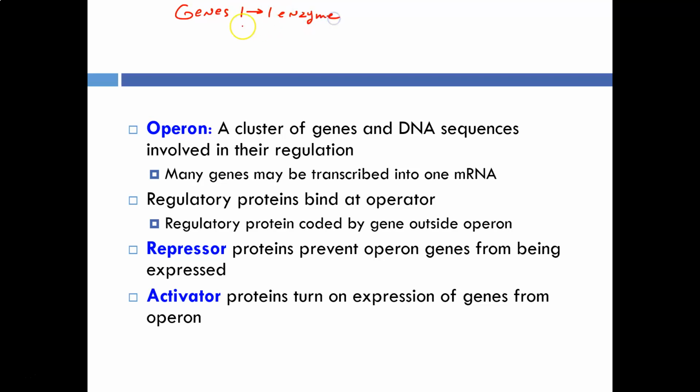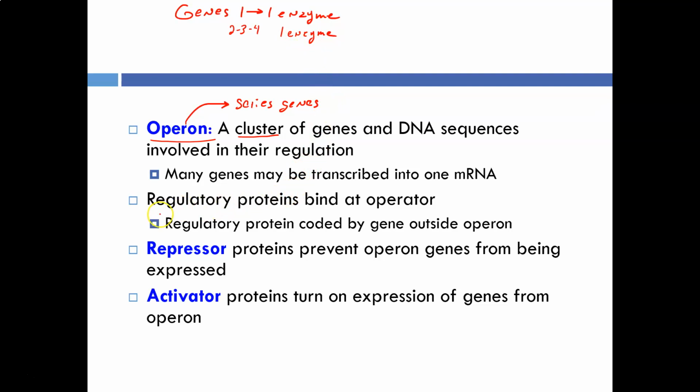In many cases, you're going to have a cluster, like 2, maybe 3, maybe 4 genes that go into the production of an enzyme. We call that cluster of genes an operon. So if you hear me use the word operon, we're talking about a series of genes that are going to be used for the creation of a specific protein molecule, and typically that protein is going to be an enzyme.